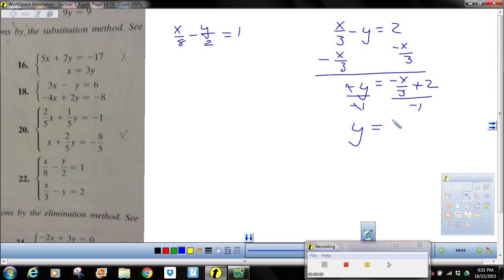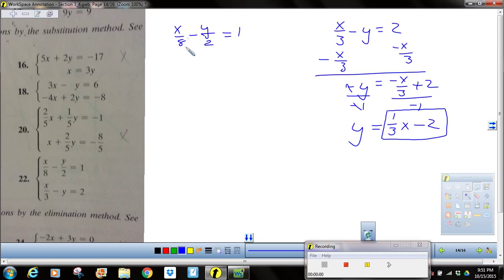Negative divided by negative is positive, and positive divided by negative is negative. There's my expression for y. So I'll substitute this for y into the other equation.